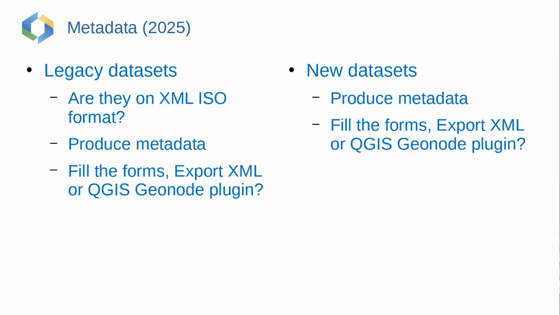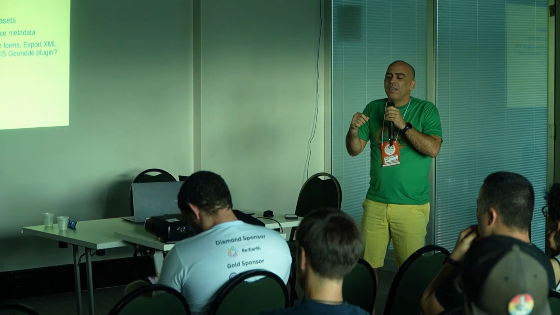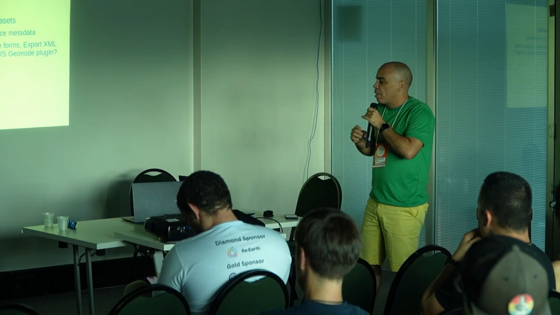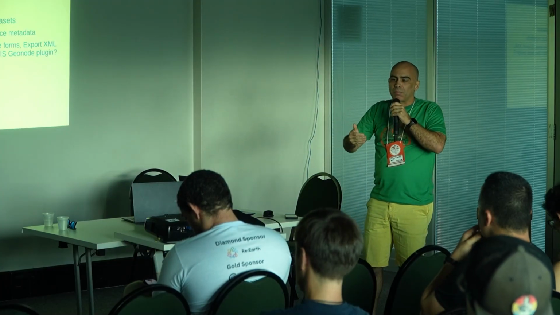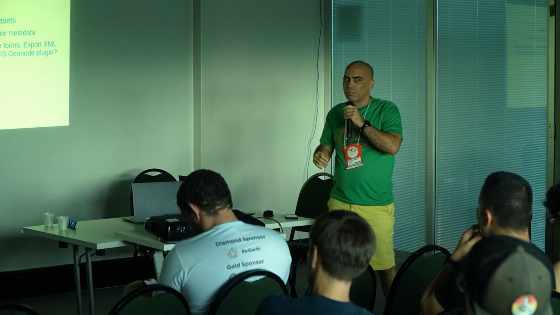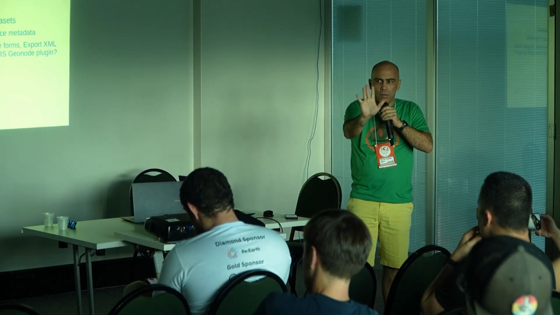Or, if it is okay already, the QGIS GeoNode plugin. Metadata. For the legacy datasets, if we have metadata, what's the format? Last week I received from a friend some metadata in PDF. Wait, no, stop.